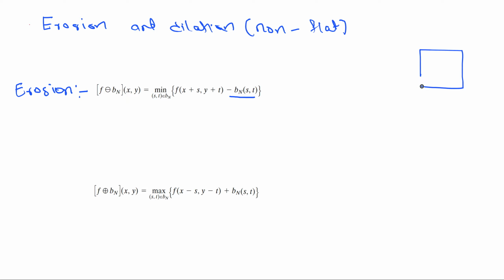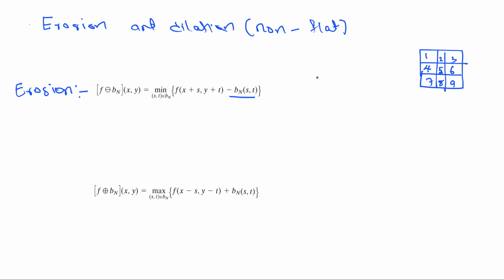So imagine that this is my structuring element. So there will be several different values for the structuring element itself, 1 2 3. So these values are some example values, 6 7 8 9. Assume that these are certain intensity values in the structuring element.